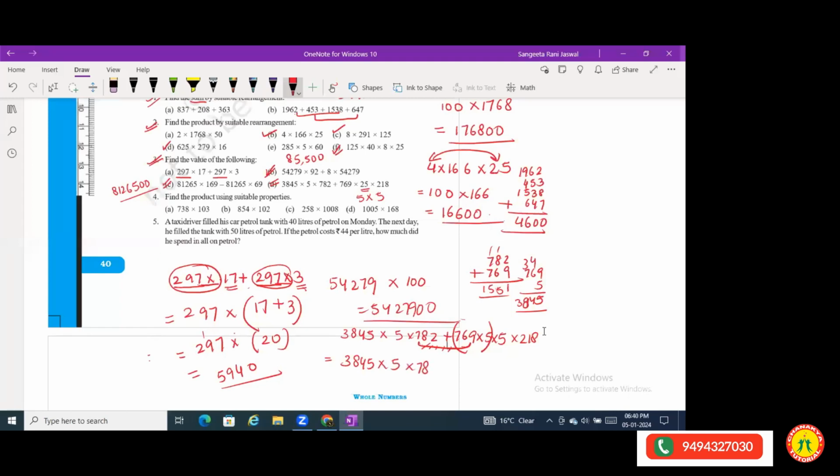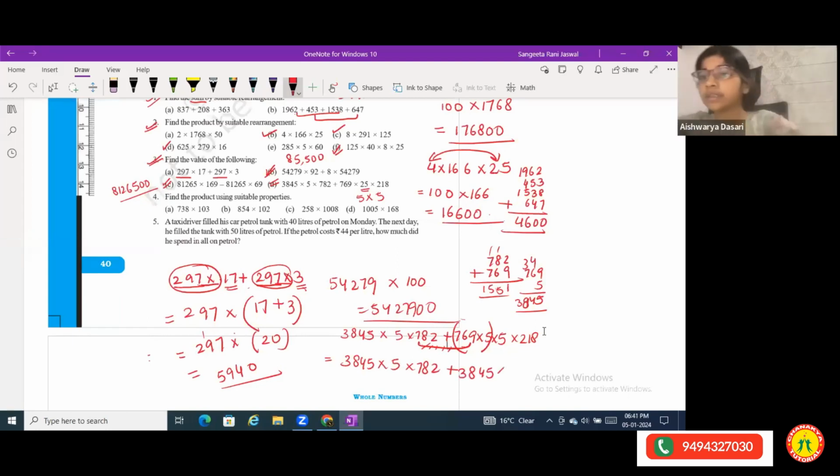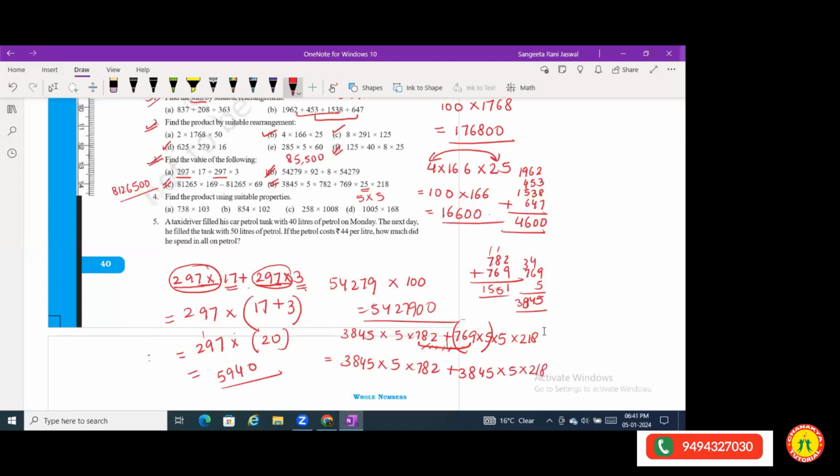Multiply by 782, and this can be written like this, Aishwarya: 5 into 18. Can I write it like this? This number, when I multiplied with this, I got 3845. So I have written it like this. So I can see this number is common here, this 5 is common. So I take this outside, 3845.